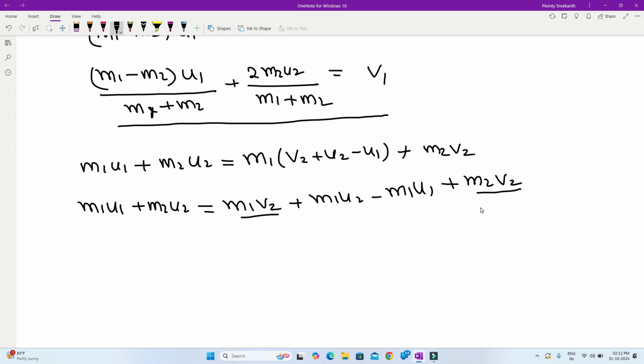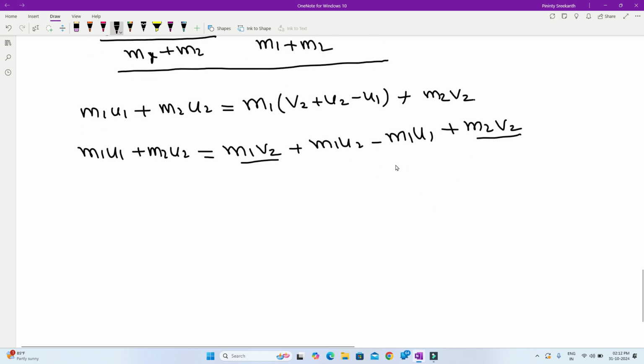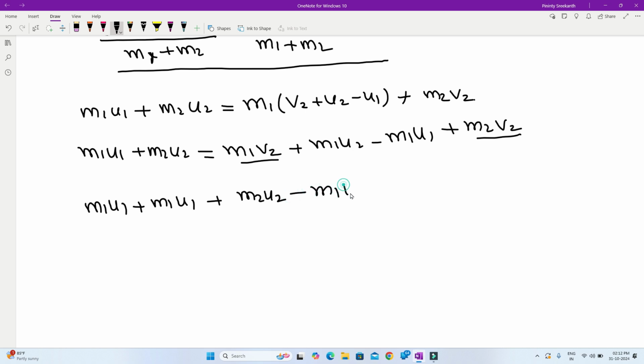So keep this term on this side and transfer the remaining terms towards the left hand side. So first write m1 u1, then write this term plus m1 u1, then plus m2 u2, then minus m1 u2.